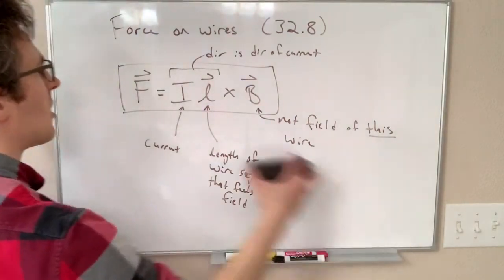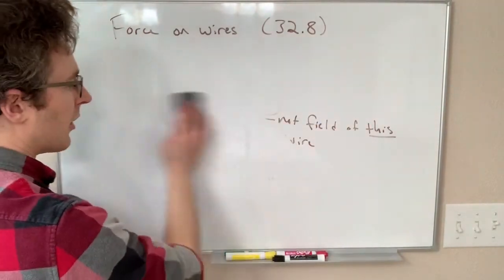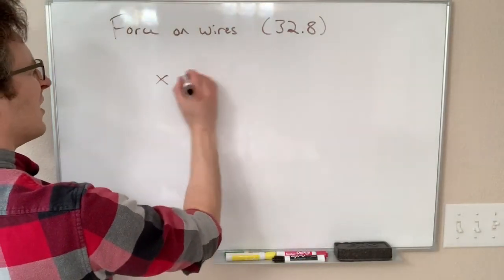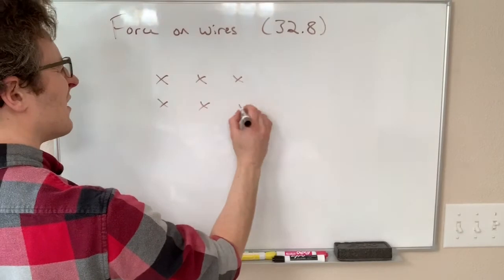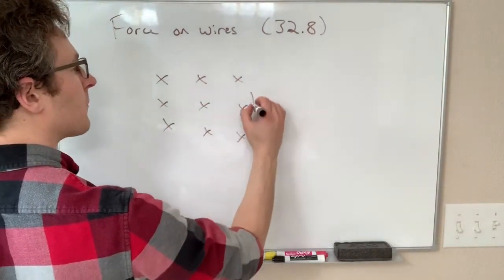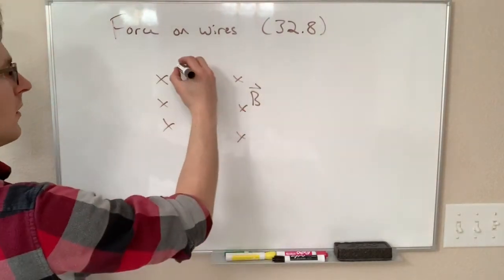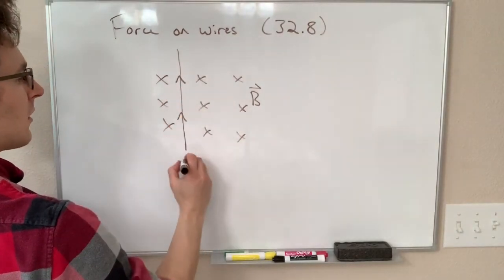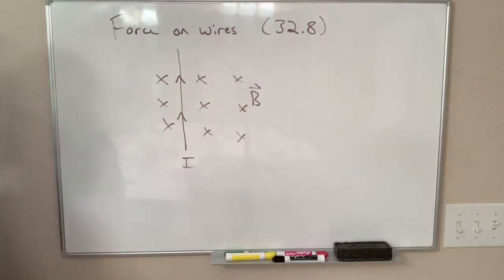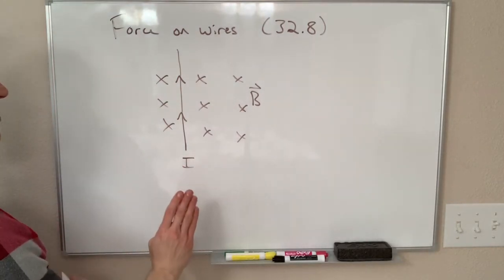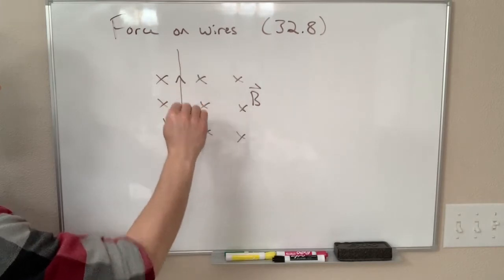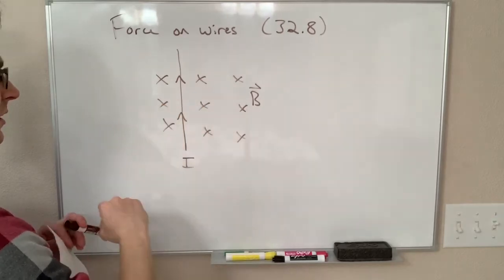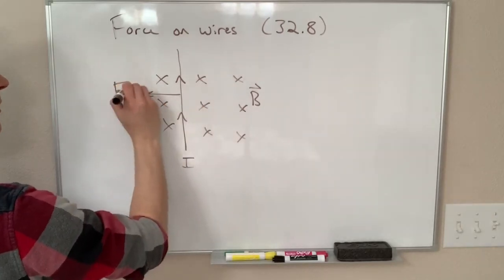So let's do a couple examples of this just for our cross product practice. So let's say we have a magnetic field that is into the board again, and I have a wire in it that is vertical and is carrying current I. So IL, this vector is up, B is into the board, so up cross into the board gives me a force to the left on this wire.